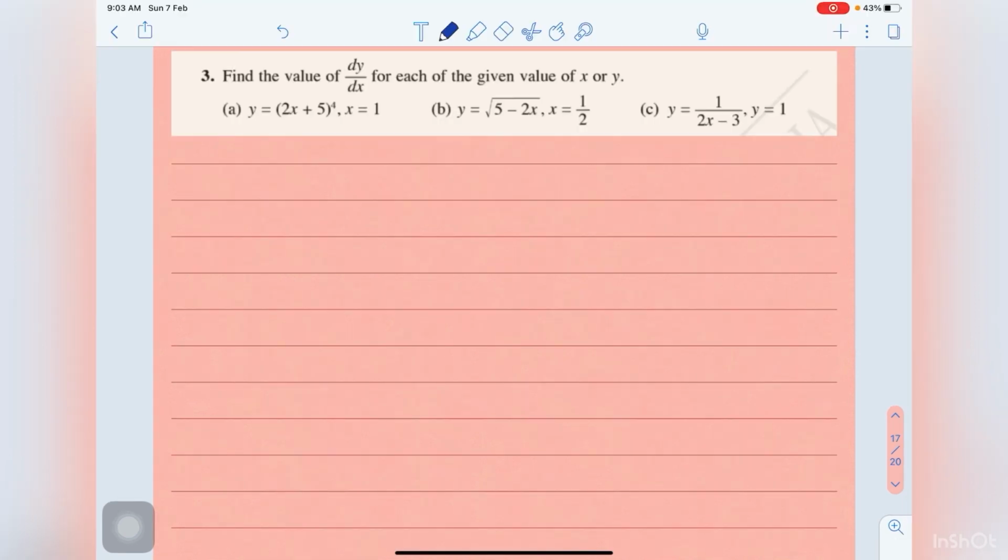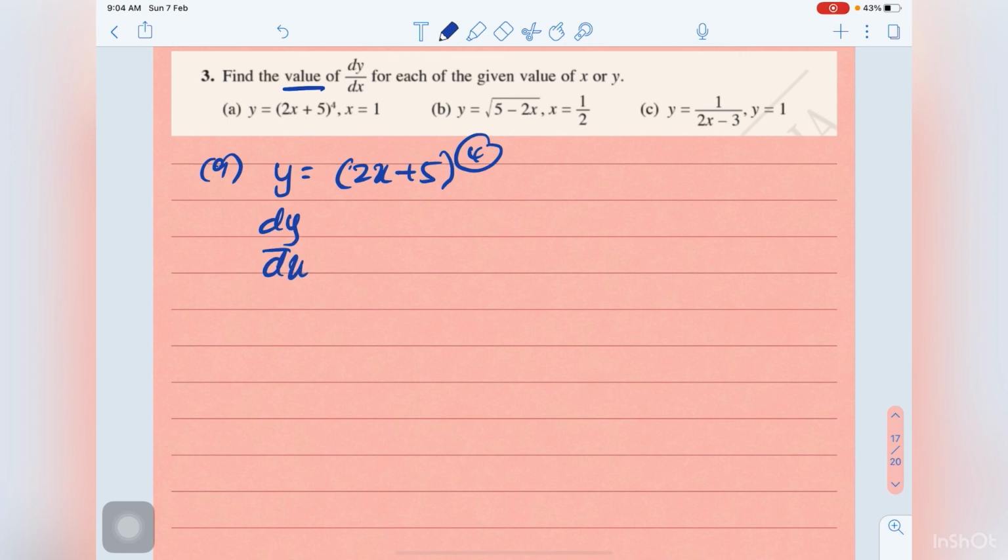Okay, now question number 3. Find the value of dy/dx for each of the given values of x or y. So y equals (2x plus 5) to the power of 4. Power of 4, so you must use the composite function. So y in terms of x, differentiate, we get dy/dx equals 4(2x plus 5) to the power of 4 minus 1, times 2.